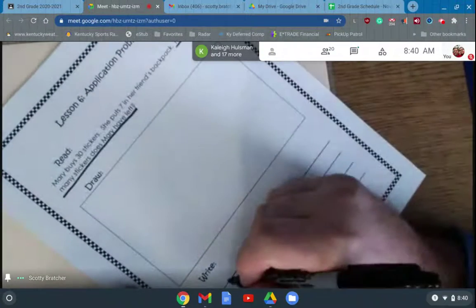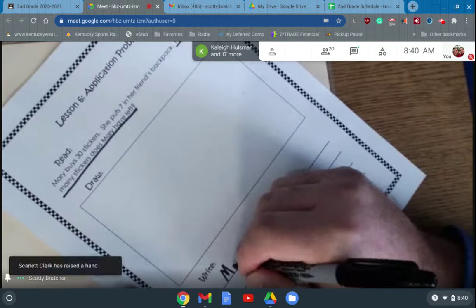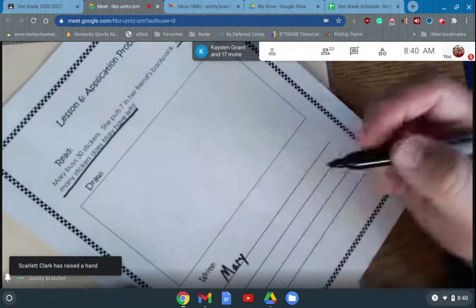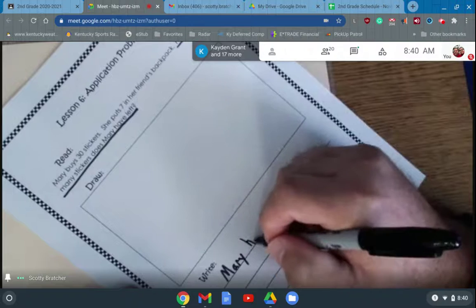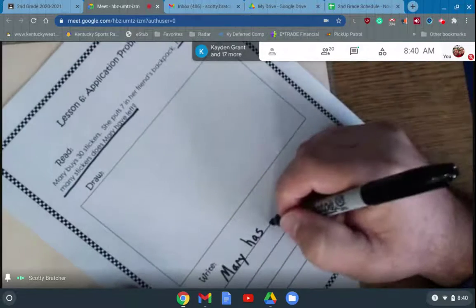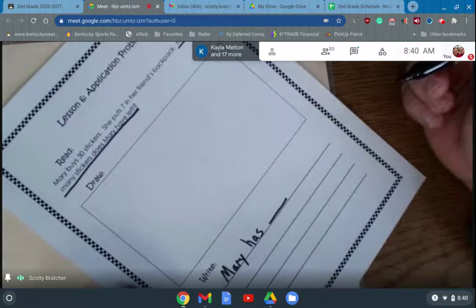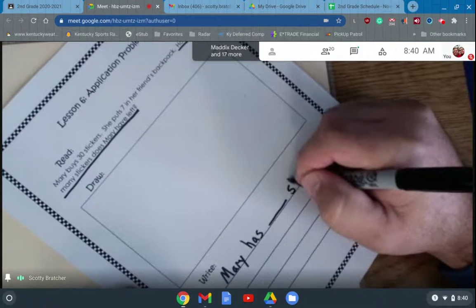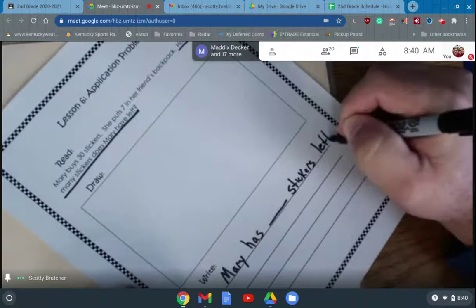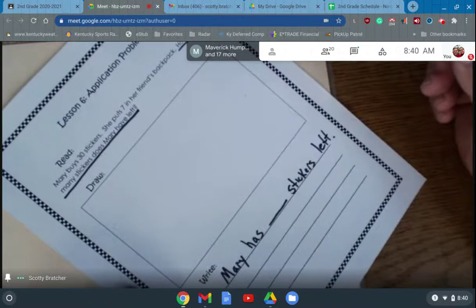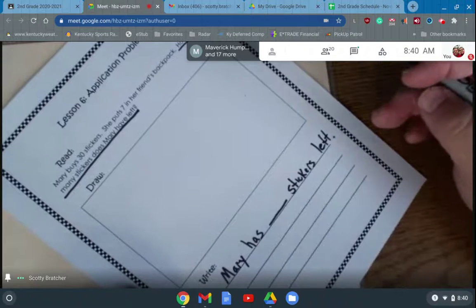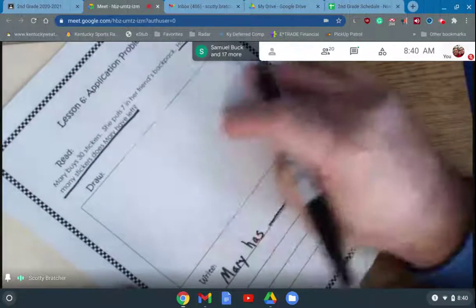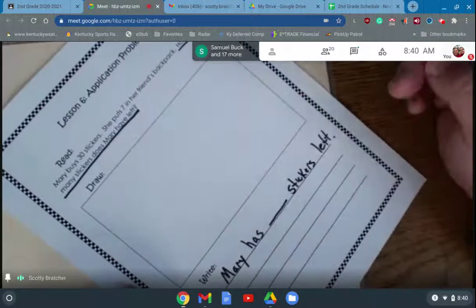Mary has blank stickers left because we don't know. Exactly. Good job. Mary has, and we're going to put blank because we haven't done the problem yet. Blank, and we're talking about stickers left, period. All right, so I've already restated. I just now need to find the answer and plug it in my blank.